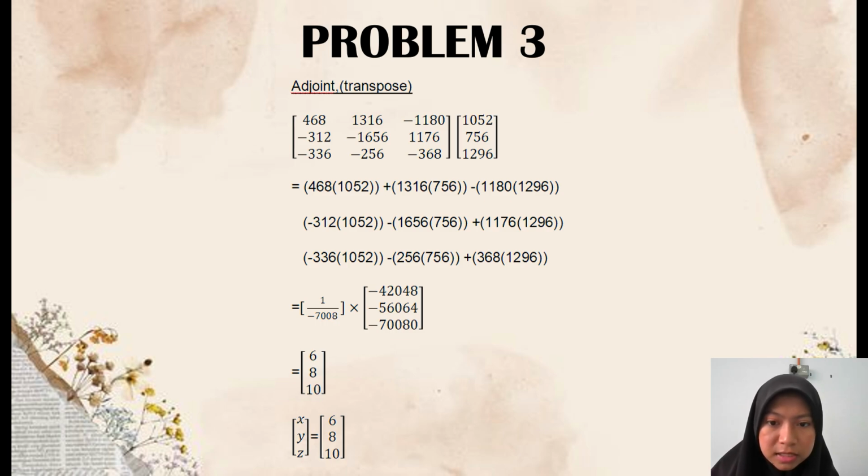After we calculate this value, we'll get this matrix, which is 1 over minus 708 times this matrix, and we'll get 6, 8 and 10, which means x equals 6, y equals 8, z equals 10. That's all for the calculation.